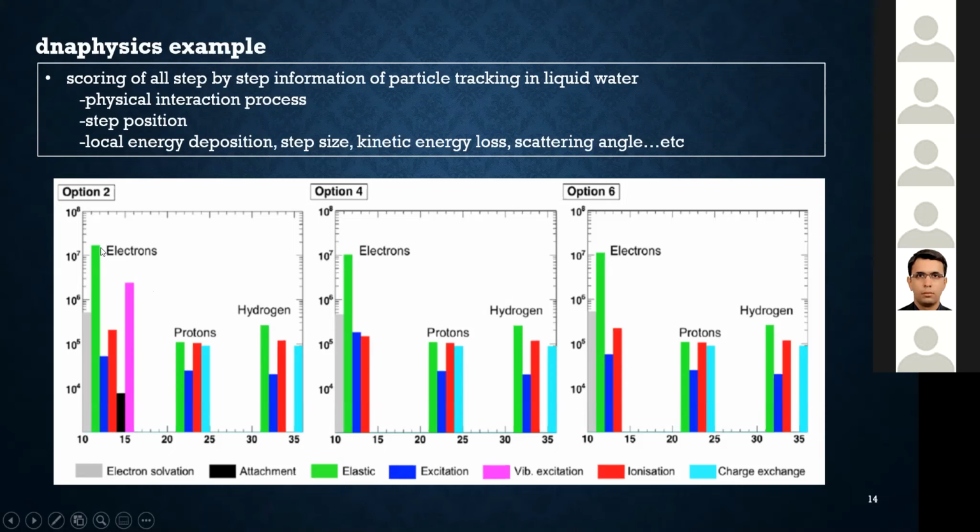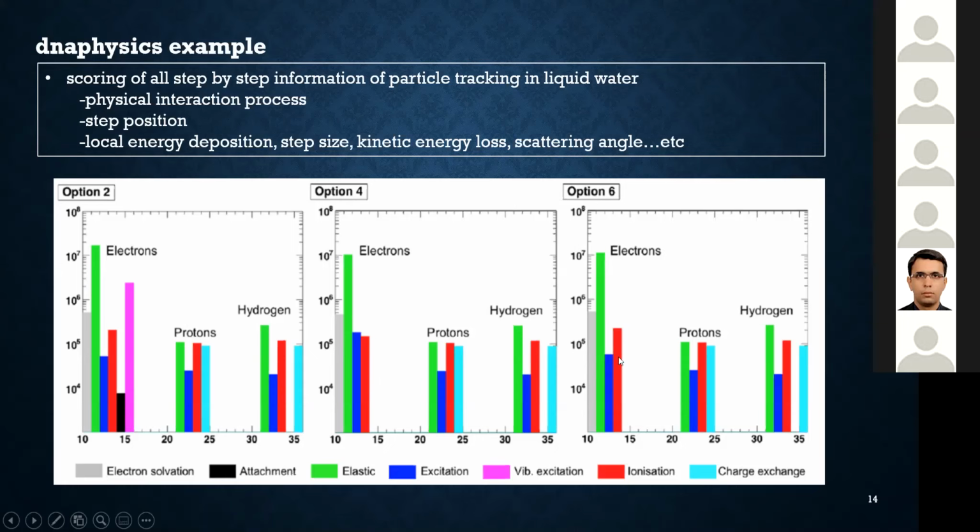As you can see here, we said that, for example, the elastic, which is the green, had some problems describing the elastic process, because it was giving higher values, overestimating the frequency. This is the frequency that happens in the simulation, and over here we see that the value goes lower. Also, we see that option 2 is modeling another process that option 4 is not.